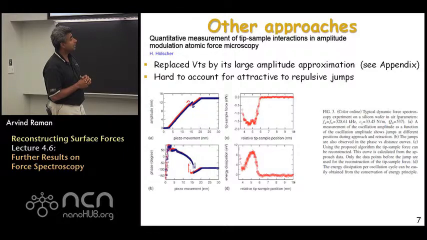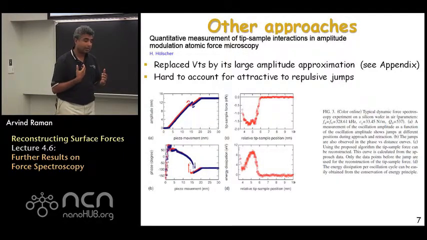What I want to emphasize here is that because of the challenge involved in the conditions under which you transition from attractive to repulsive regime, there is a fundamental problem that arises in using this reconstruction method once the tip has gone into the repulsive regime of oscillation.